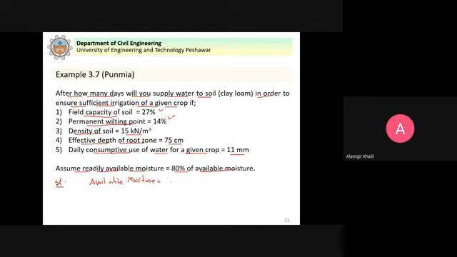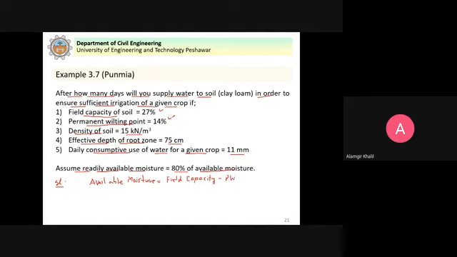That is equal to field capacity minus permanent wilting point.